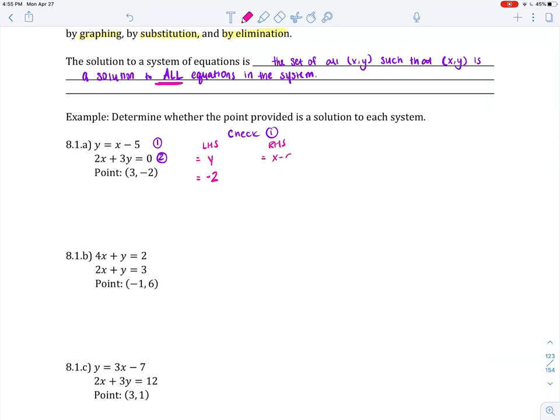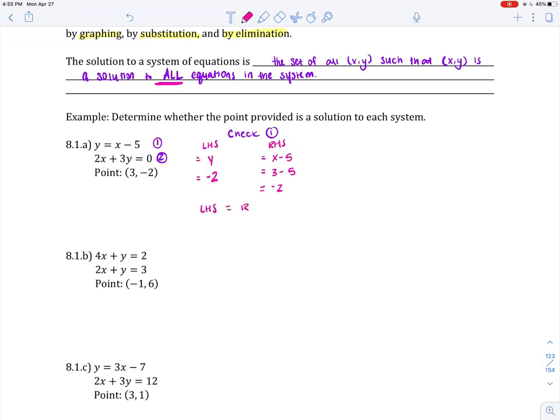We continue until we end up with a single value. On our right-hand side, we have x minus 5, and our x value is 3, so we have 3 minus 5, which is -2.